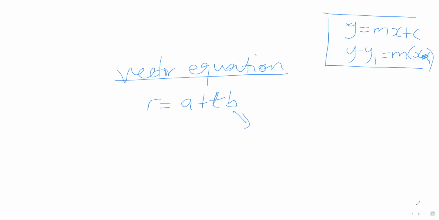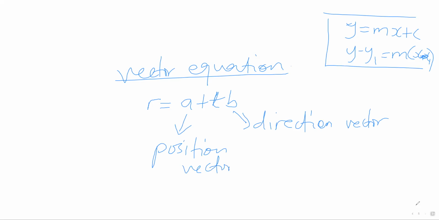B is a direction vector, and this A here is a position vector. What do I mean?